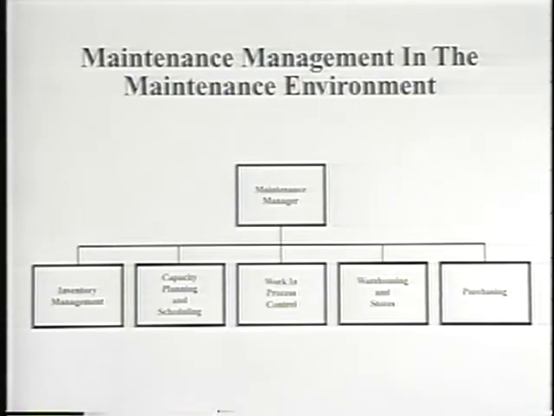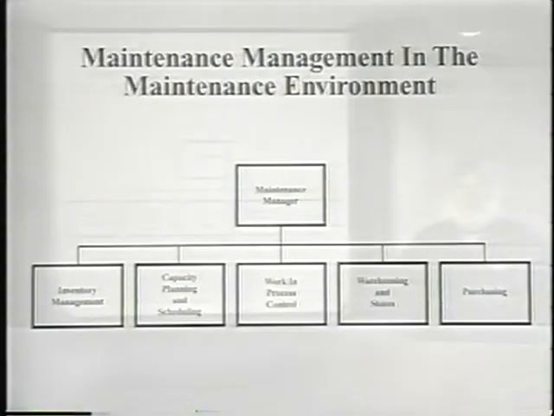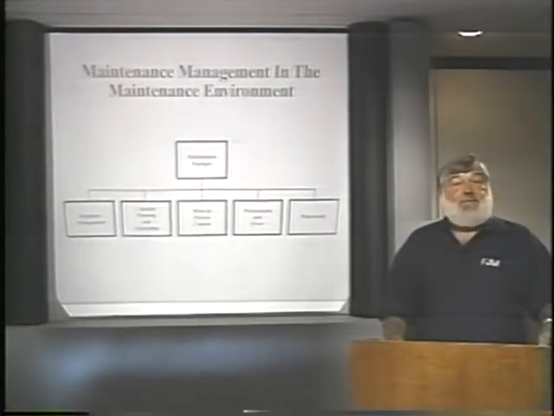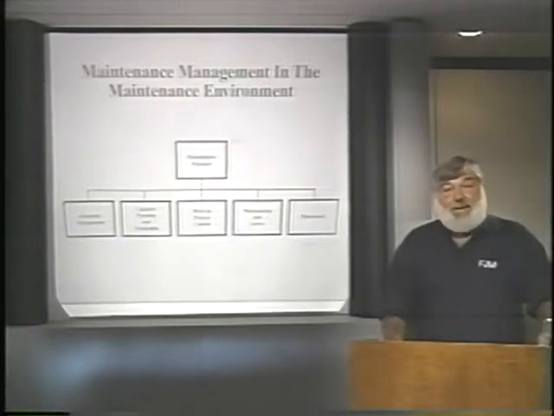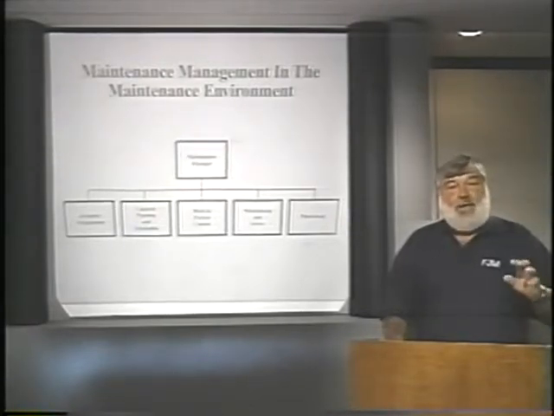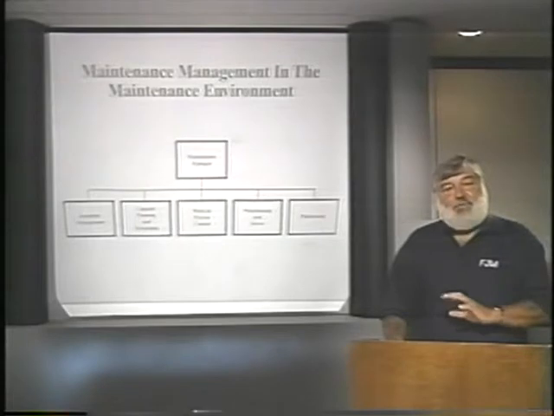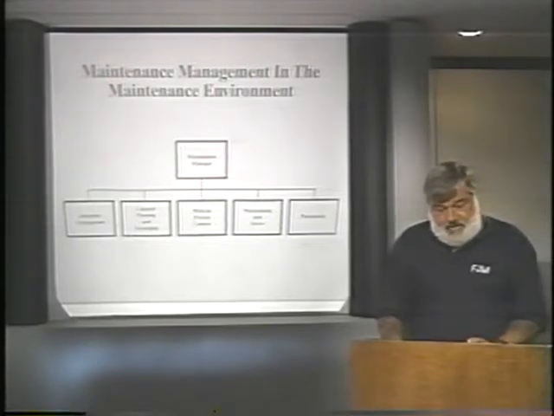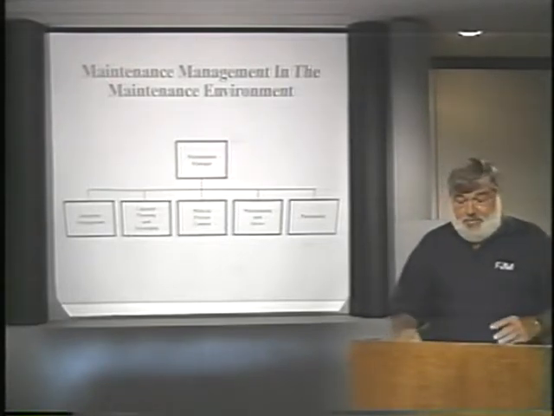Then we have capacity planning and scheduling. The third one is the work in process control, or what we call the labor reporting. The next we have warehousing and stores. And then the last one to the right is the purchasing. Again, these particular functions are a byproduct of those 4 activities that we addressed in page number 8.